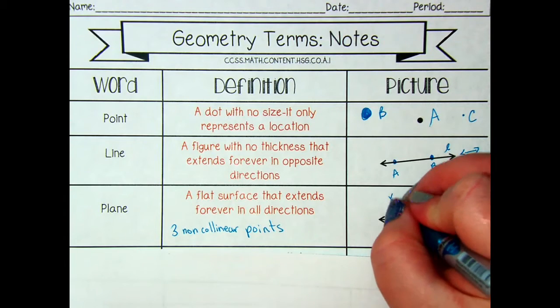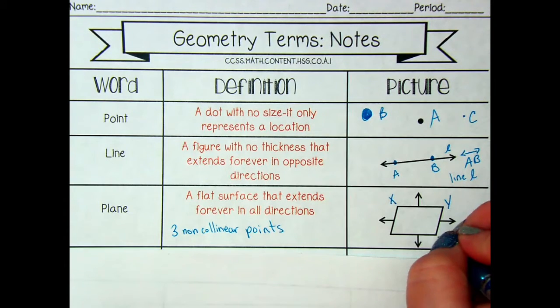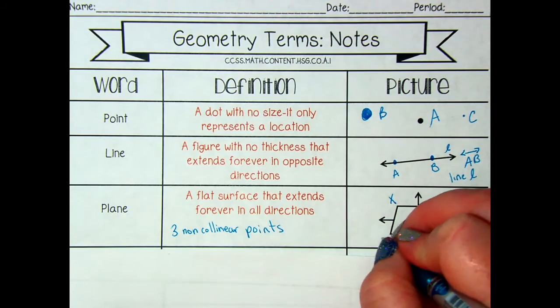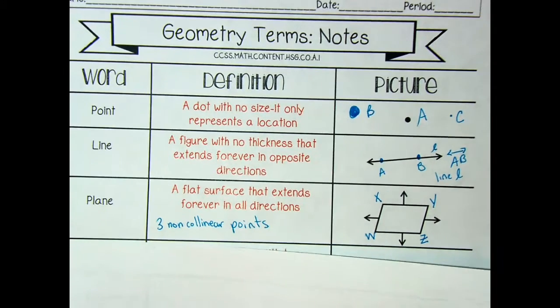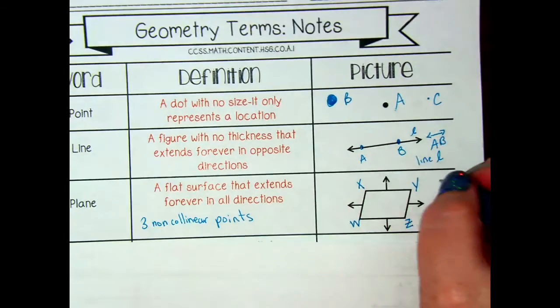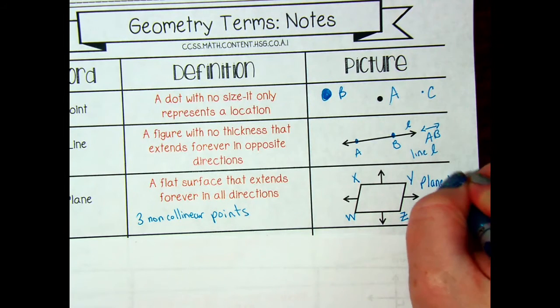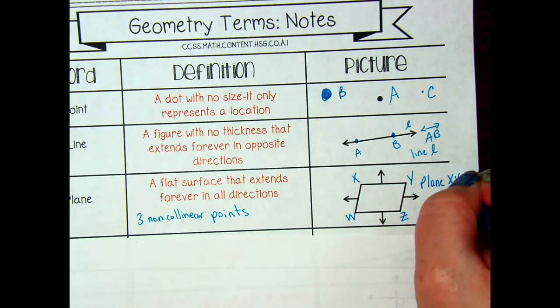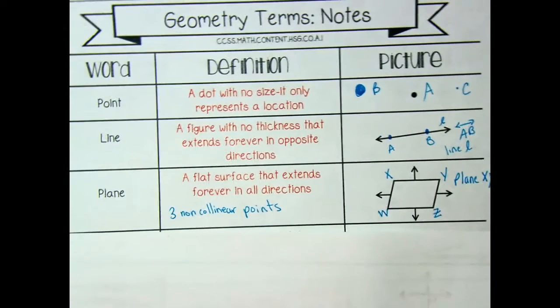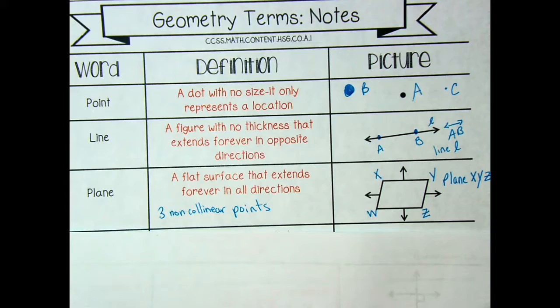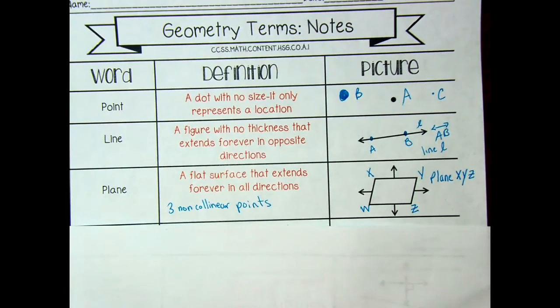So if this is plane XYZ, and even if I have a W over there, I only need to pick 3 points, and I would say that this is plane XYZ. Because whenever possible, we want to go in alphabetical order. It's not always possible, but it's nice to try your best.